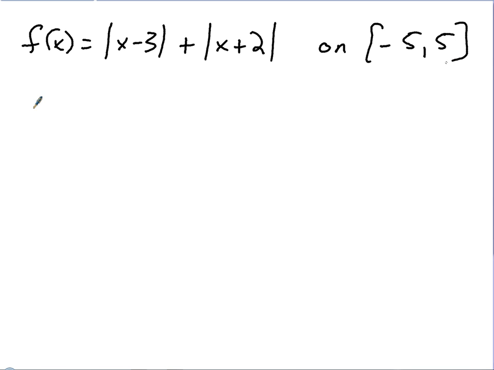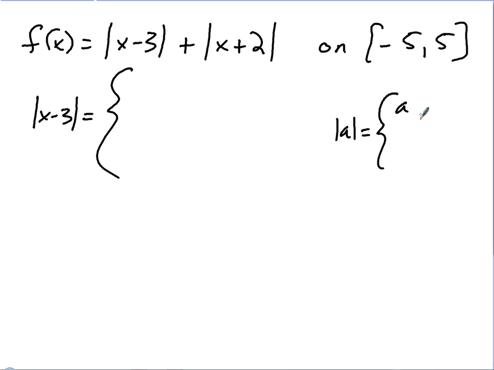So the absolute value of x minus 3 written as a piecewise function would look like what? Keeping in mind that for absolute value functions, like the absolute value of a just equals a when a is positive, right?